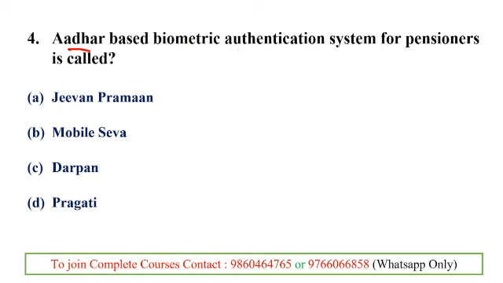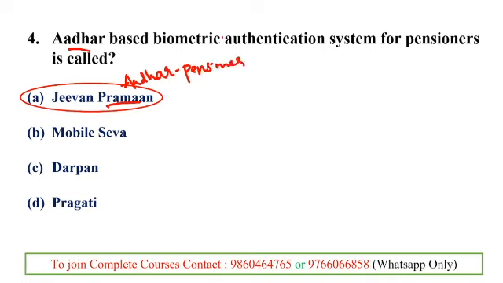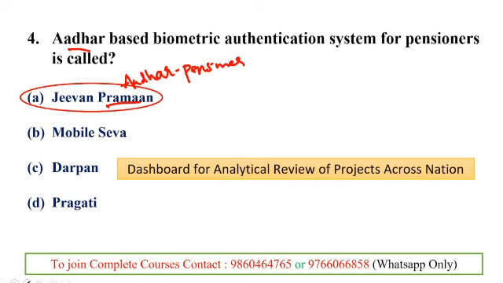So the biometric authentication system for pensioners is called Jeevan Praman. In the word Praman, you can know that it is a document. So you can relate this to Aadhaar, that for pensioners. Clear. Then the next concept, Mobile Seva and Darpan. Darpan is the short form of Dashboard for Analytical Review of Projects across Nation. So there are a number of projects that are available in our nation.